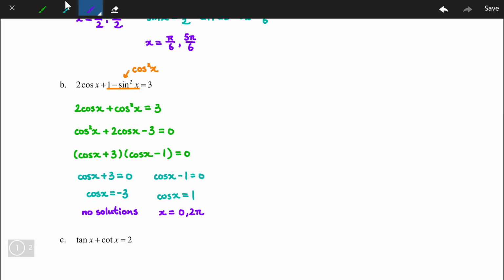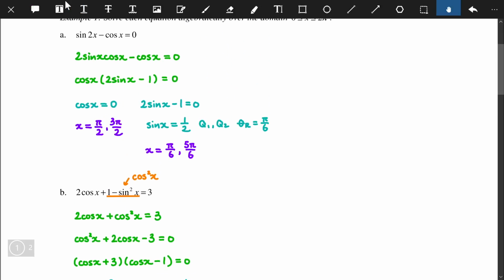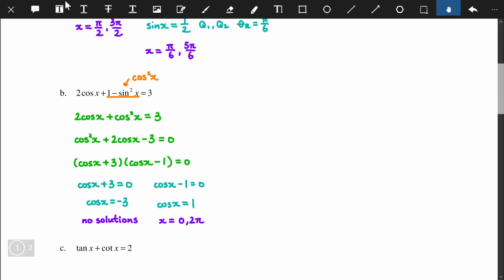So again, the idea is sometimes you want to use identities to make quadratic expressions like we have here, and other times we want to have a mixture of a sine and cosine. So no two questions are exactly alike, but generally we want to be factoring somehow. So notice the common theme between examples A and B is that we factored after applying an identity one time. So let's look at the third example here.